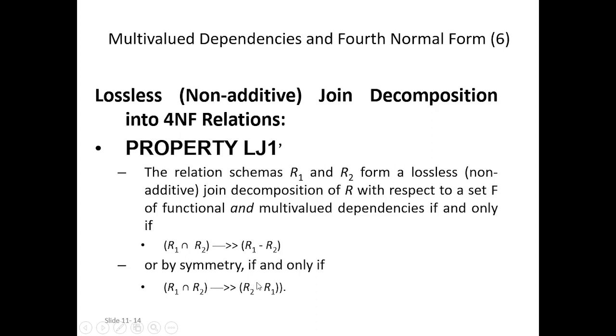Okay, if this condition holds, then we can say it is a lossless join decomposition. So when you split into 2 schemas R1 and R2, the R1 intersection R2 is nothing but R1 minus R2, or R2 minus R1.